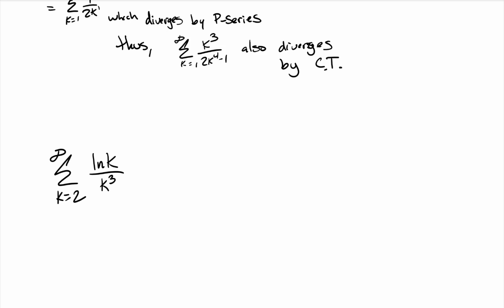Well, I think it's the ln of k we want to look at. And I want to claim that ln of k is bigger than k. No, that's not true. Ln of k is less than k when k is greater than or equal to 2.